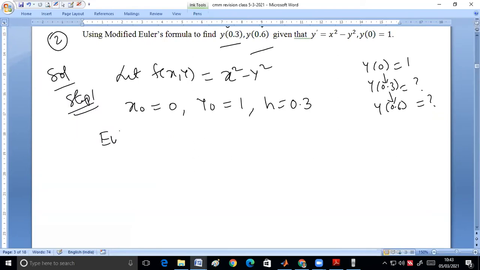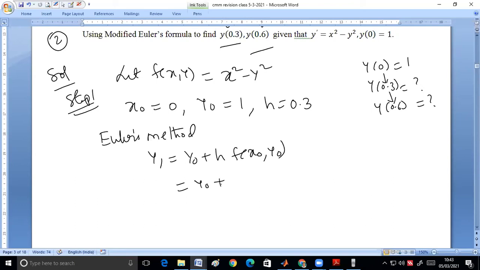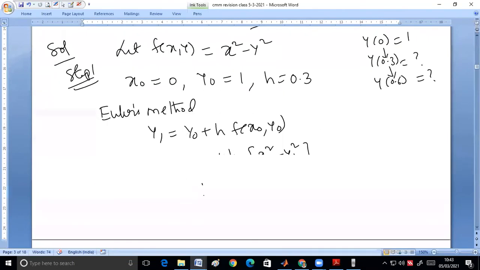What is Euler's method? We just discussed the method. y1 equals y naught plus h into f of x naught, y naught. f of x naught, y naught is nothing but x naught square minus y naught square. x naught equals 0, h equals 0.3. x naught square is 0 minus 1. So 1 minus 0.3 is 0.7.